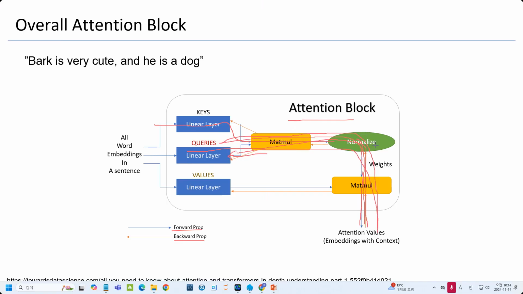When the weight is converged, or the delta weight is very small, then we stop. Or sometimes we determine how many epochs we want to do, and we stop. So this is the attention block with a single head.